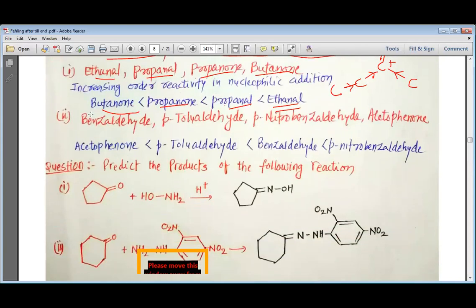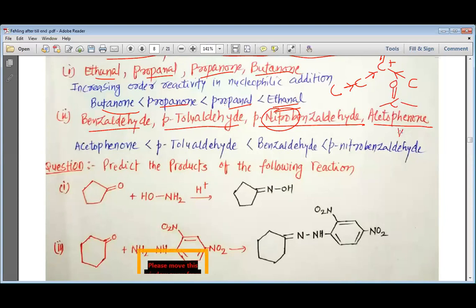Same way, my dear students, here we have benzaldehyde, which has a phenyl group and aldehyde. We have para-tolualdehyde, which has a methyl group, which is an electron donating group, along with the aldehyde. Same way, we have para-nitrobenzaldehyde. The nitro group is an electron withdrawing group, and we have acetophenone, which has carbon bonded on both sides of the carbonyl carbon.